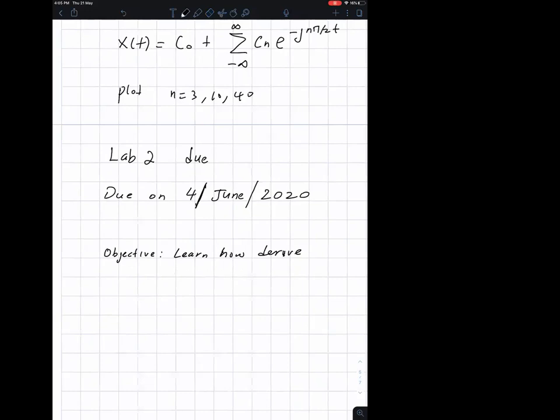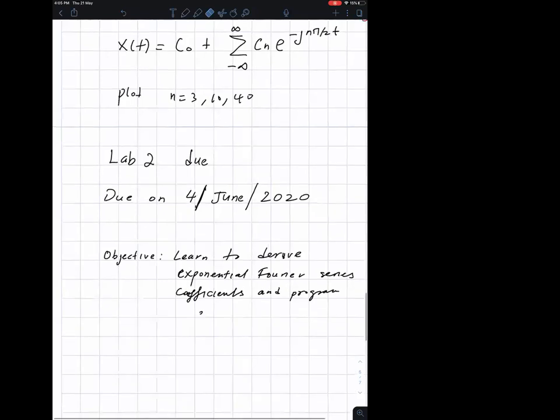Learn to derive exponential Fourier series coefficients and program and plot in MATLAB.